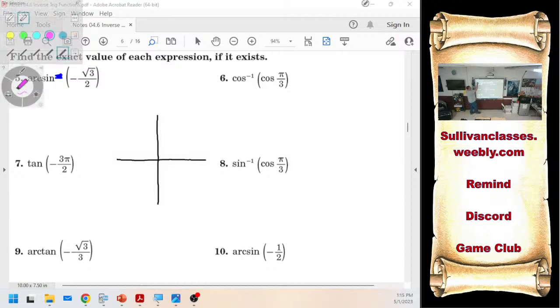The arcsine of 1/2 is just 1/2, right? No. Go look for where the angle has a sine value of 1/2. Oh, the arcsine of 1/2 is pi over 3.